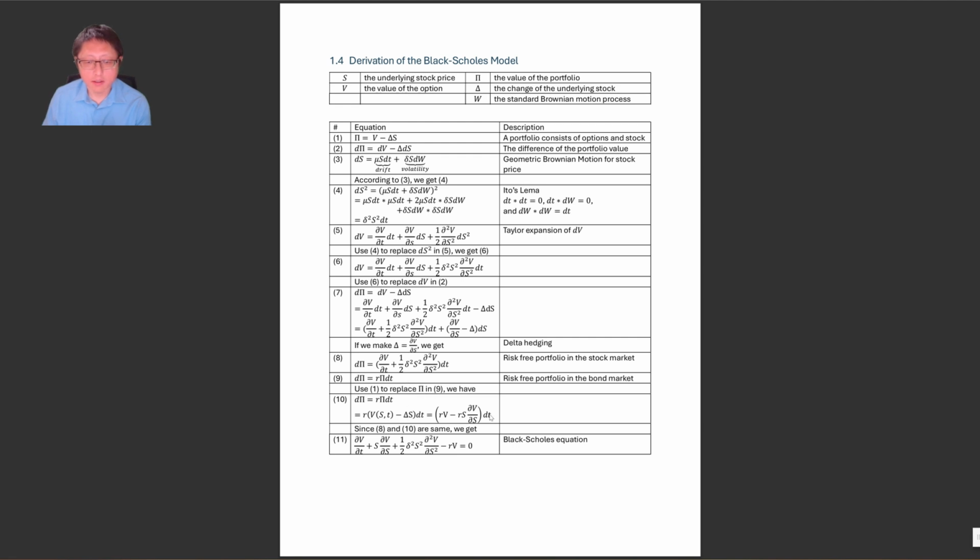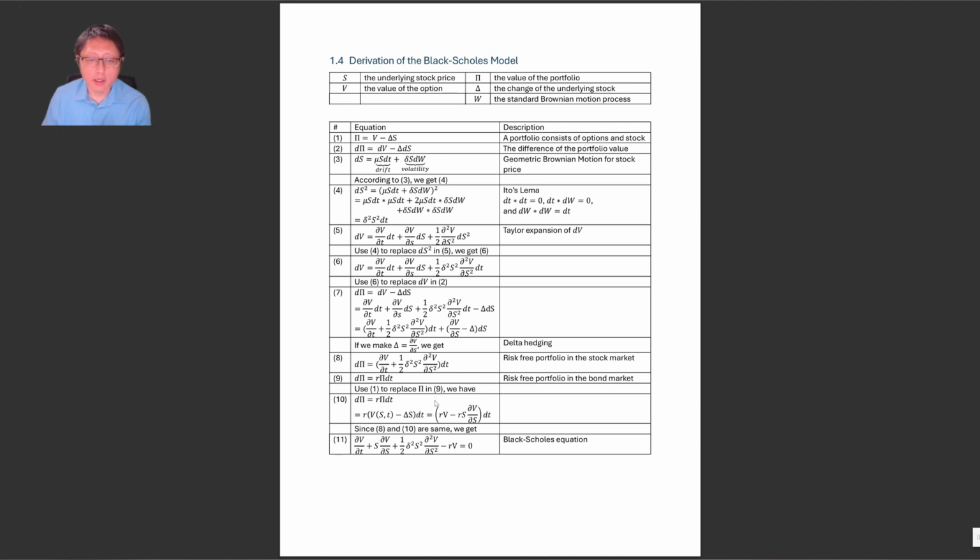We got this, and basically this will be the right side of the Black-Scholes equation. Then at equation 8, we got a left side. At equation 10, we finally have the right side of the equation.